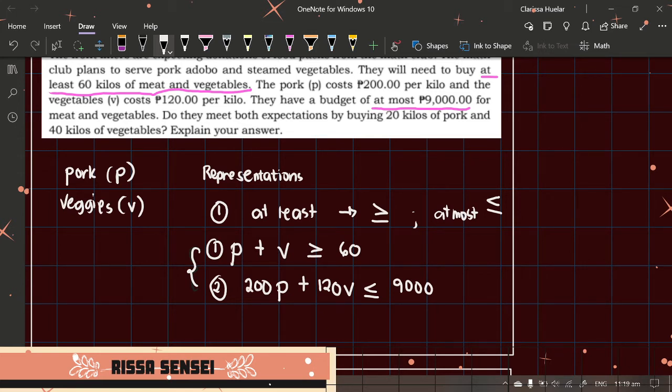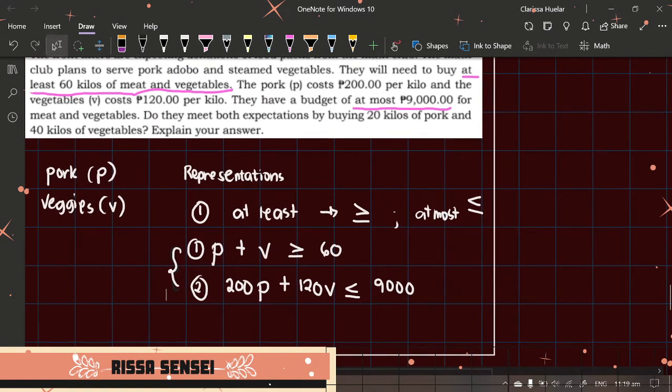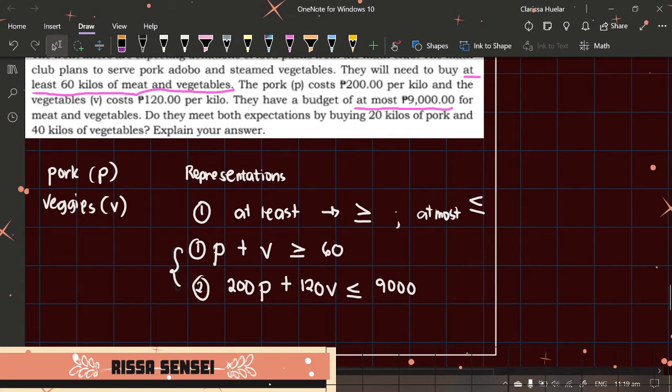So, i-check lang natin if yung 20 at 40, that is the test point. Will become the test point. 20, 40. Ito yung P, ito yung V. Tingnan natin kung satisfy on both inequalities. So, dito na lang tayo. Ang first inequality natin ay ito.